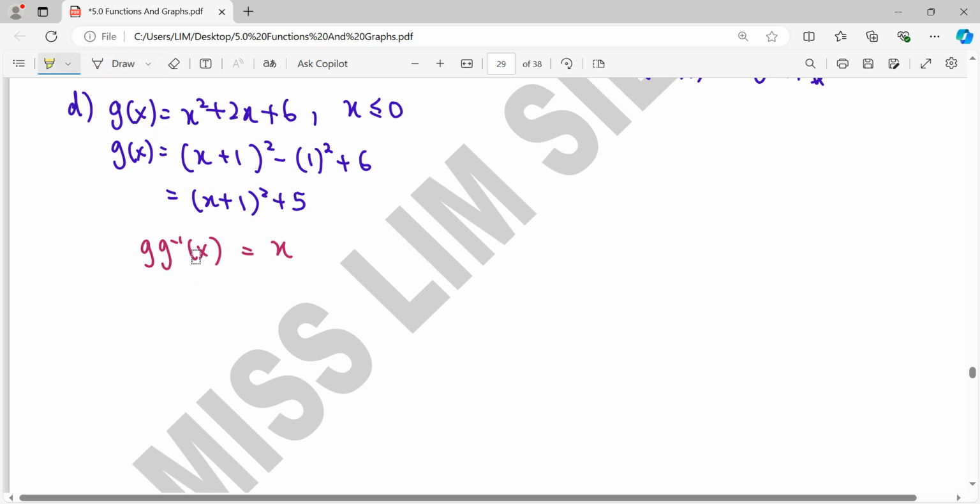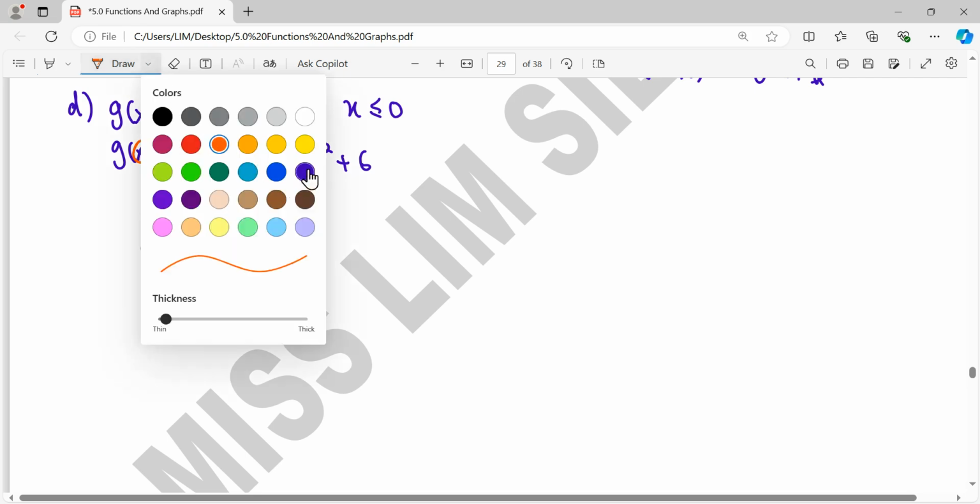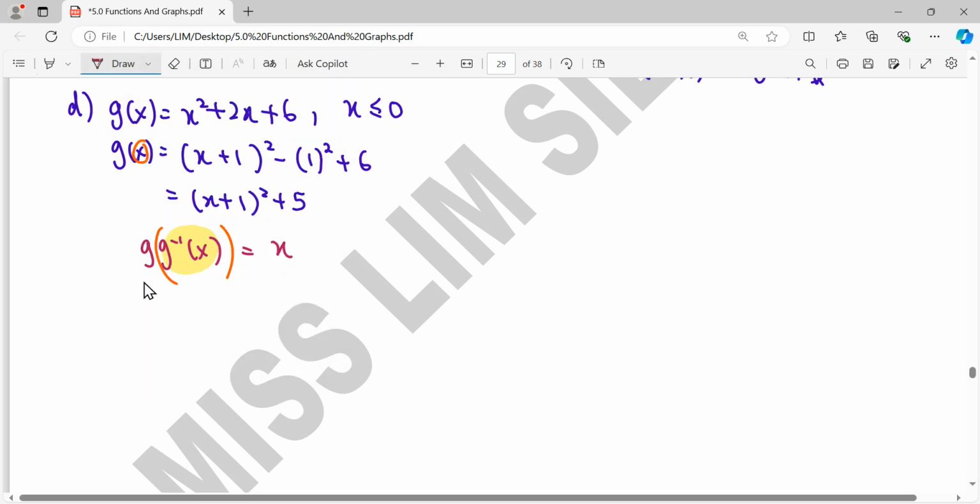Therefore, we substitute this g inverse into the function of g. The x here will be replaced by g inverse. So we will get, in the bracket, g inverse plus 1, squared, plus 5 equals x.